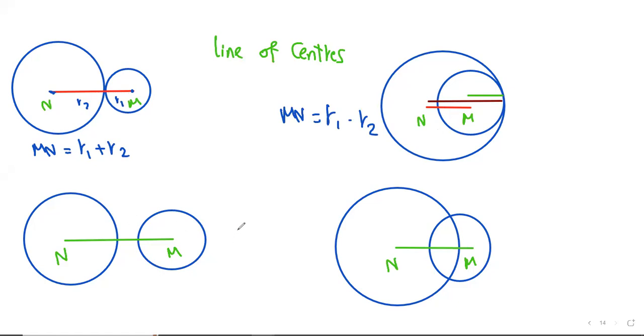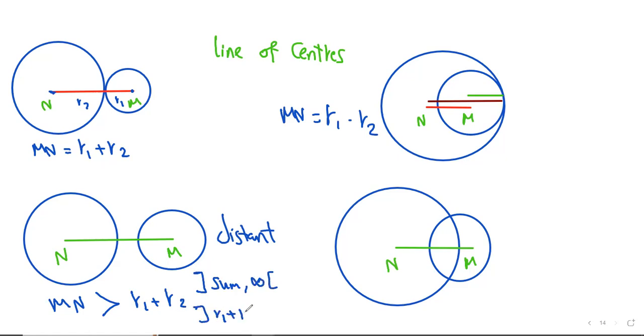And if the two circles are distant circles, then MN is greater than R1 plus R2. So it's an interval from the sum to positive infinity: R1 plus R2 and infinity.